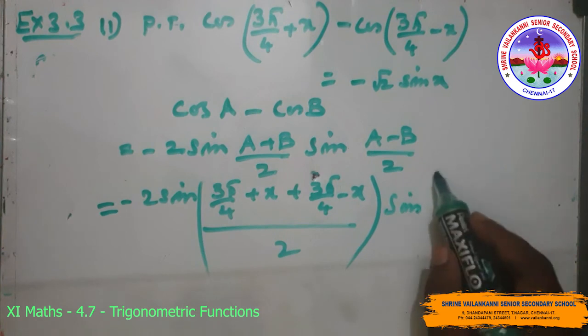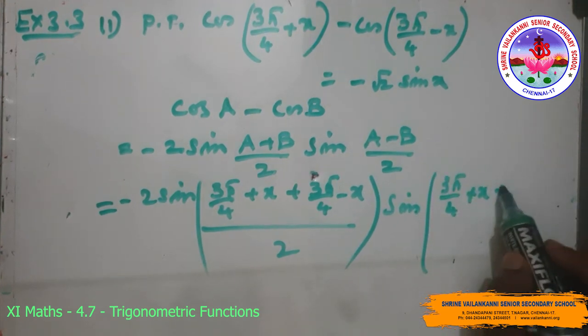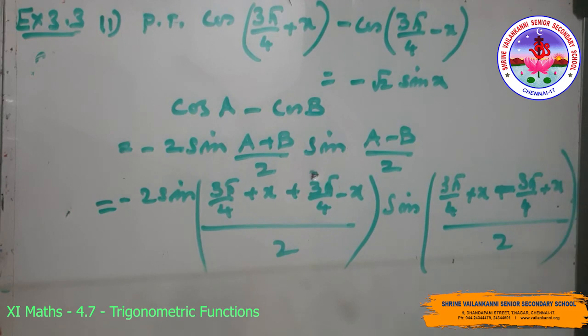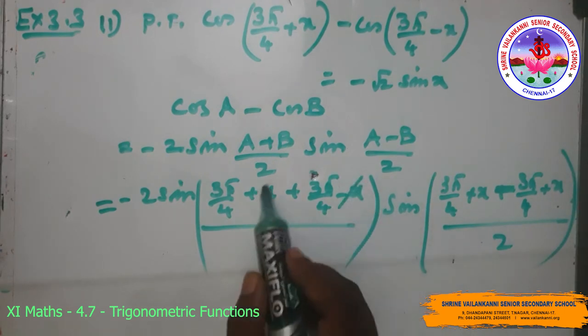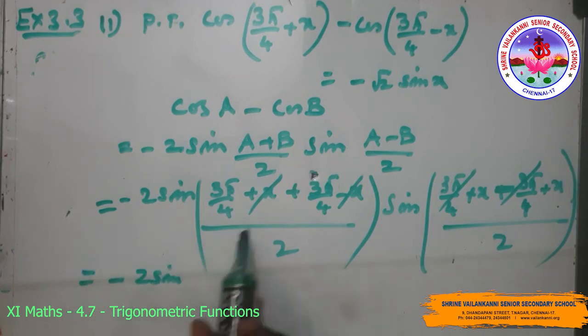Here also sin of (3 pi by 4 plus x minus 3 pi by 4 minus x, so plus x) whole by 2. So x and x will get cancelled, which is equal to minus 2 sin of 6 pi by 4 by 2.